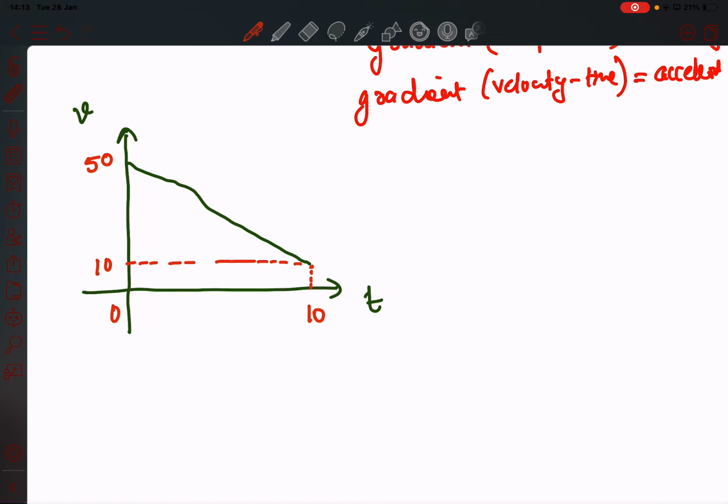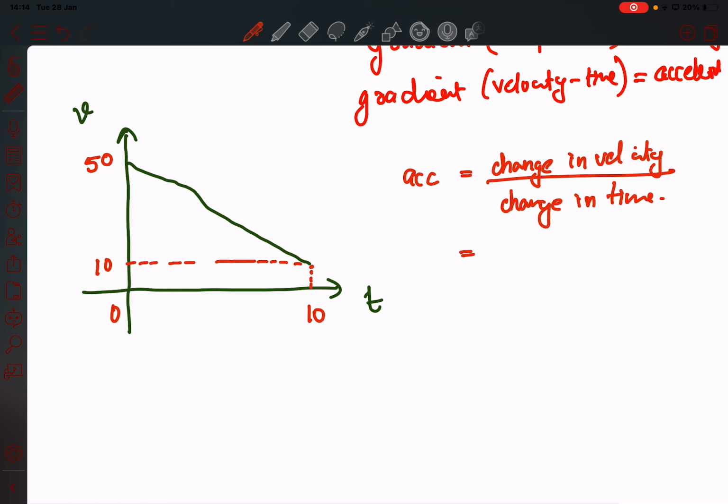Can you work out the acceleration at this point, please? So we know the basic idea of acceleration is the change in velocity over the change in time.